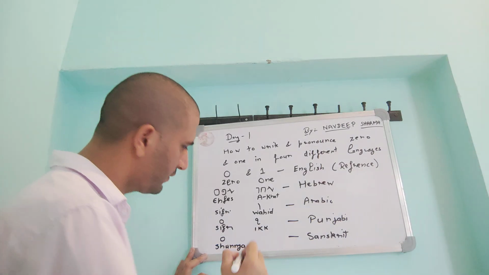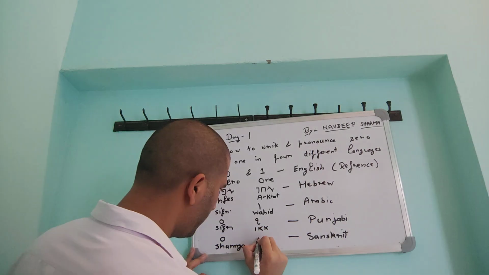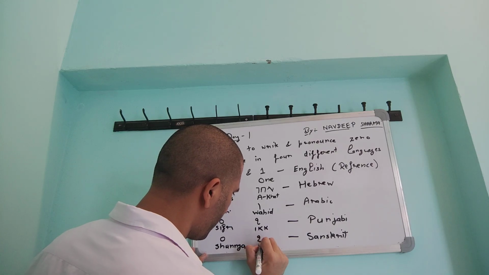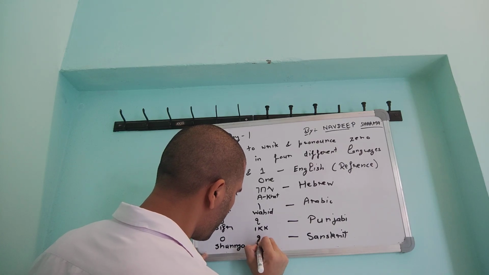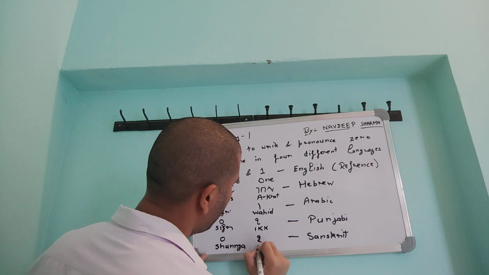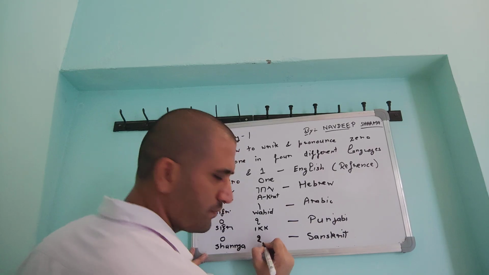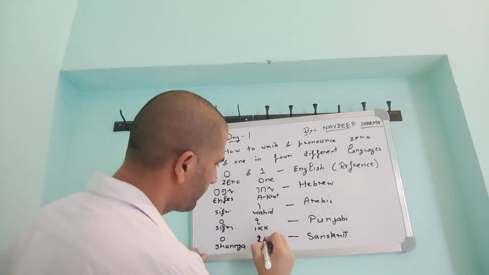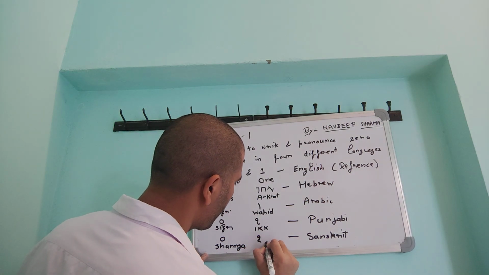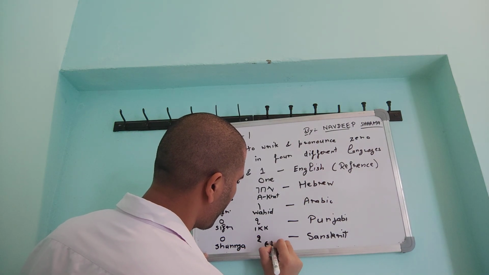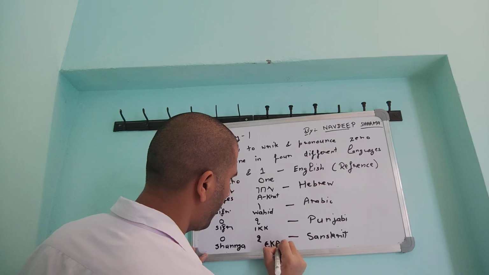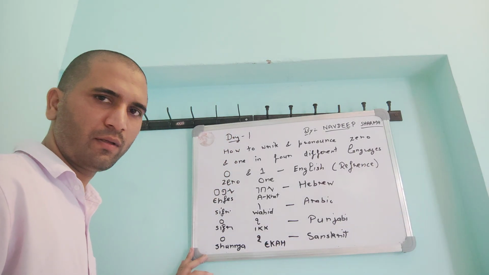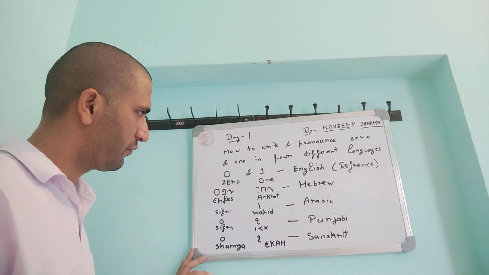And 1 is like Punjabi a little bit, and called as Eka. These are the 4 languages.